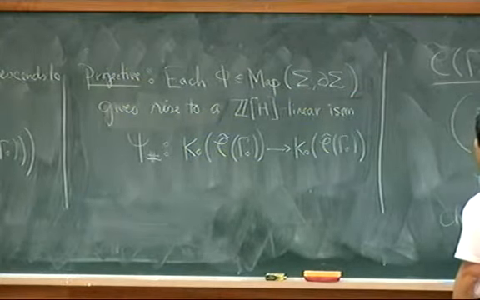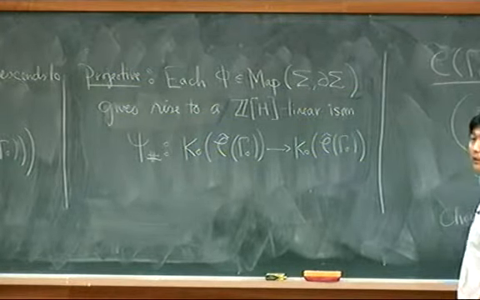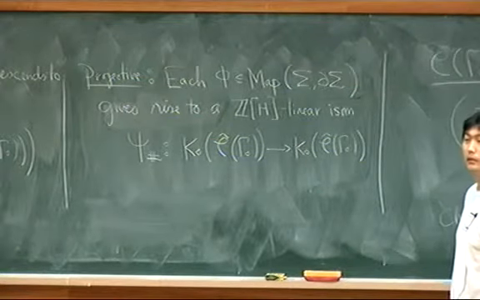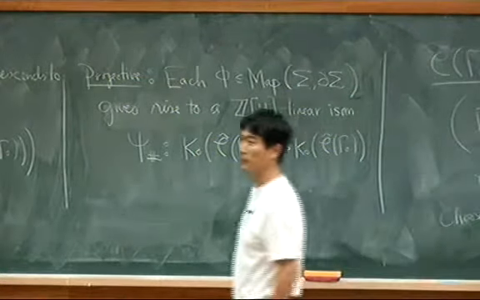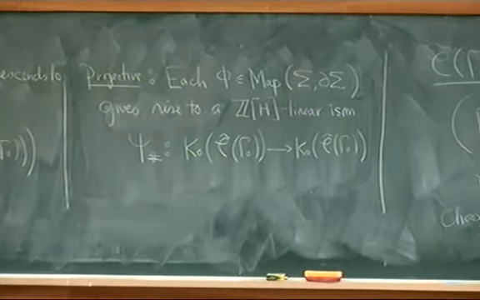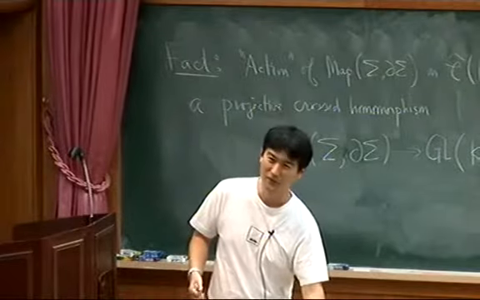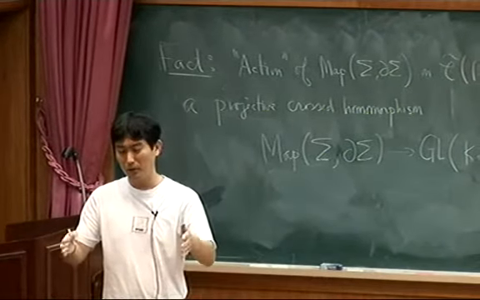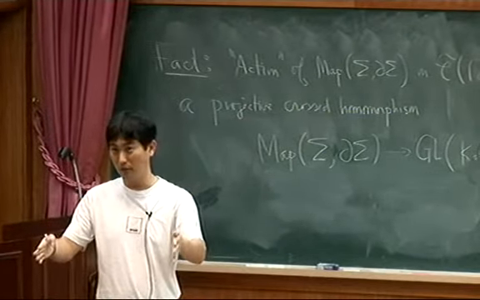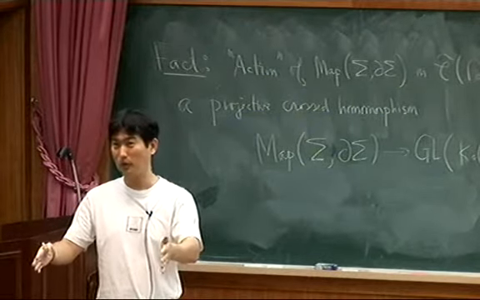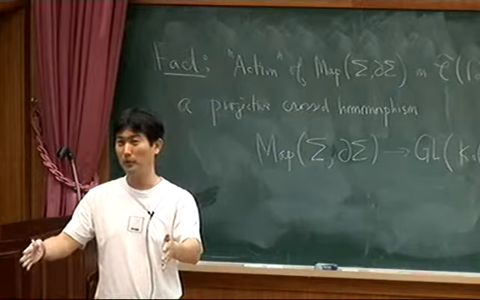Can you tell us what the Z bracket H module structure on the K0 group was? So last time I said something about it: an element in C tilde was a homotopy class of paths from gamma naught to gamma, right?